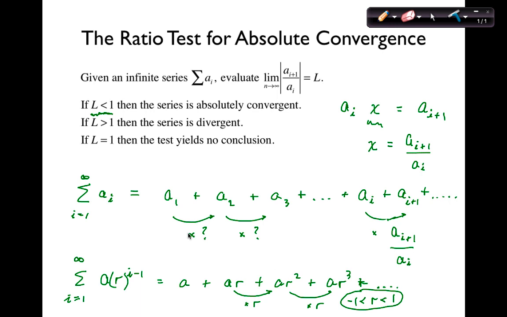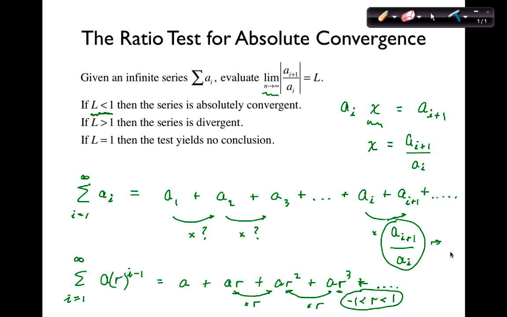Well, so now the multiplier in any given series could change, but if in the long run it becomes something less than 1, if it's approaching something less than 1, then essentially it's becoming a geometric series, right? A geometric series means that multiplier is constant, that R value stays constant. But if the multiplier approaches a value less than 1, it's kind of like the series is becoming a geometric series.